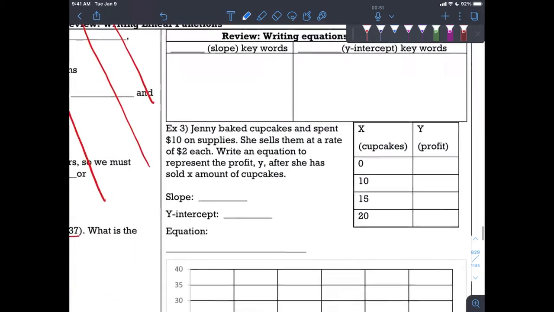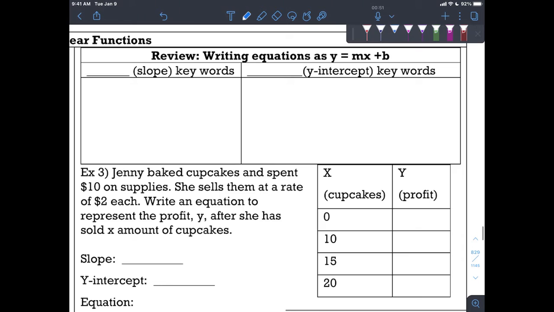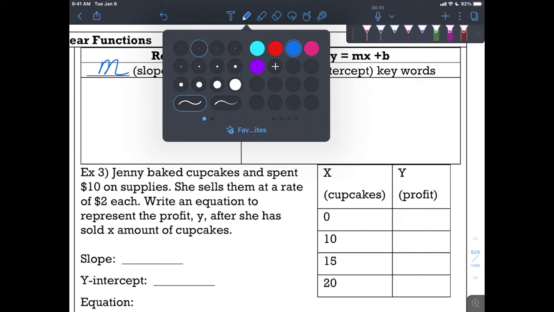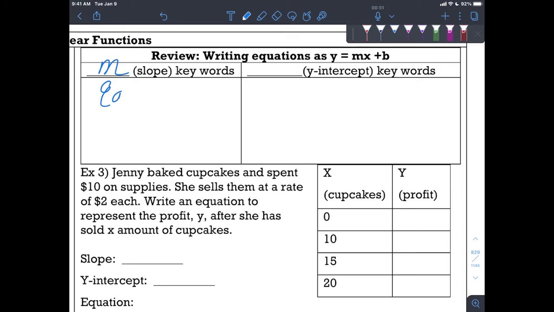All right, let's go ahead and take a look at the next part. Whenever we're writing equations in the form of y equals mx plus b, we always think about those keywords. For slope, my keywords are going to be things like each, per, and every.